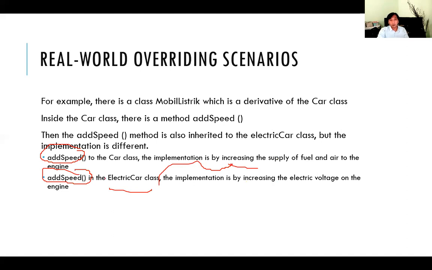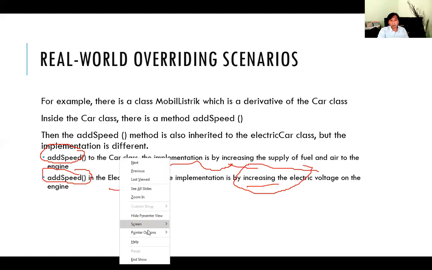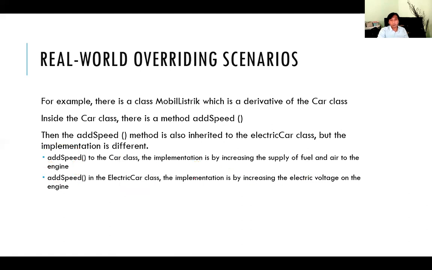So to add speed, the electric car needs to increase the voltage of the electricity into the engine. So even though the method name is the same, the process inside it is different. This is a kind of scenario that's suitable for using the overriding method.